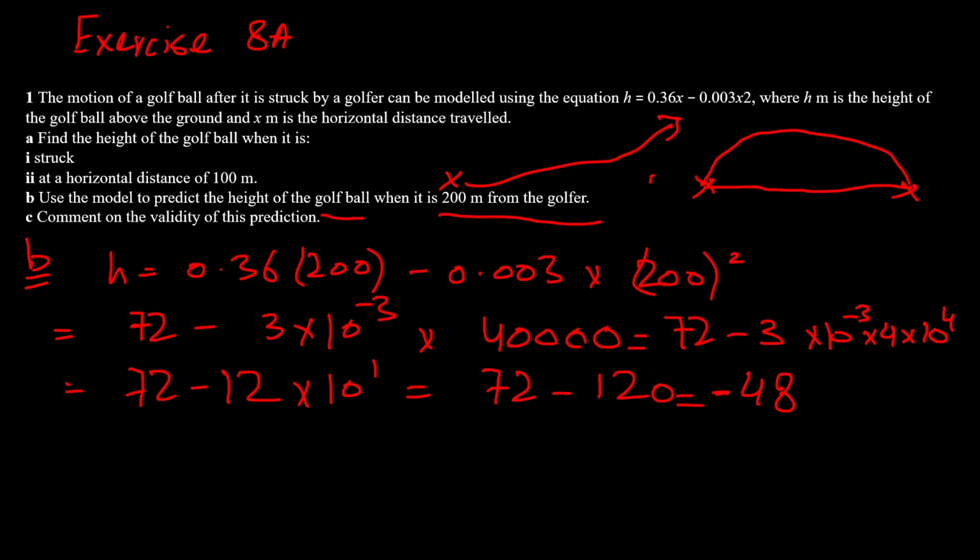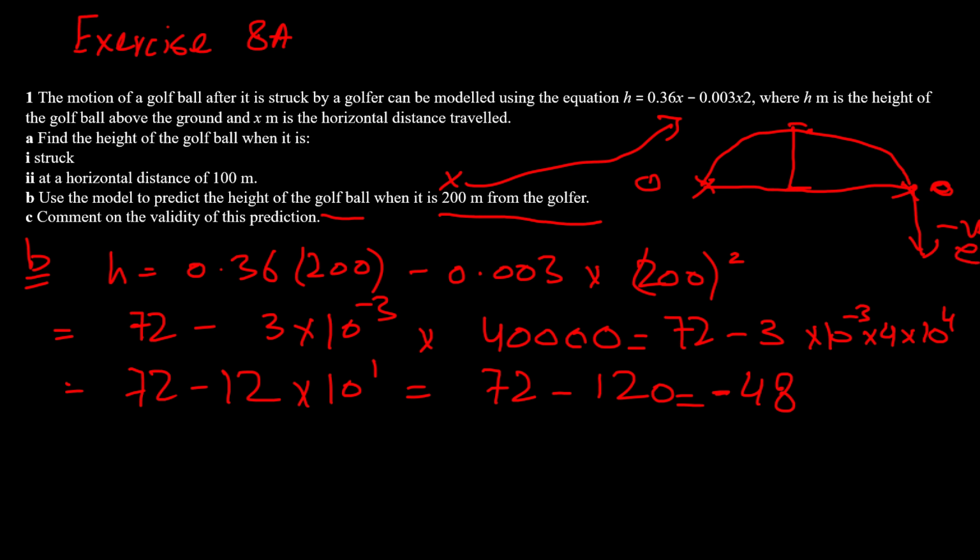So it started from 0 height and ended at 0 height. During its motion it acquired some maximum height, but it cannot go below 0. It cannot have a negative height. It started from the ground and ended on the ground.